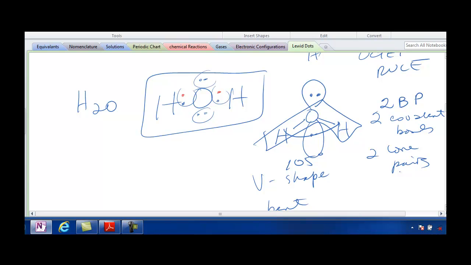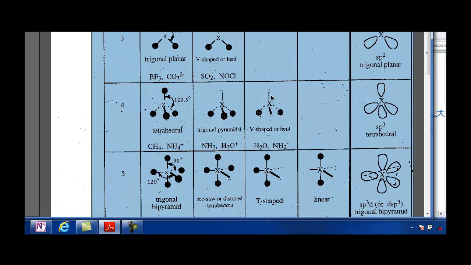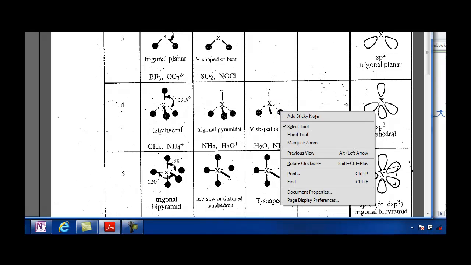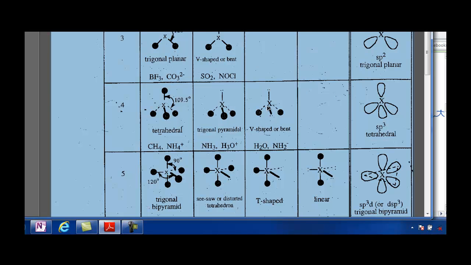Okay, so I will have my oxygen in the middle, and my 2 hydrogens around it. A hydrogen here, and another hydrogen here, and my 2 lone pairs. So the molecular shape of water is V-shape, or bent, or angular.